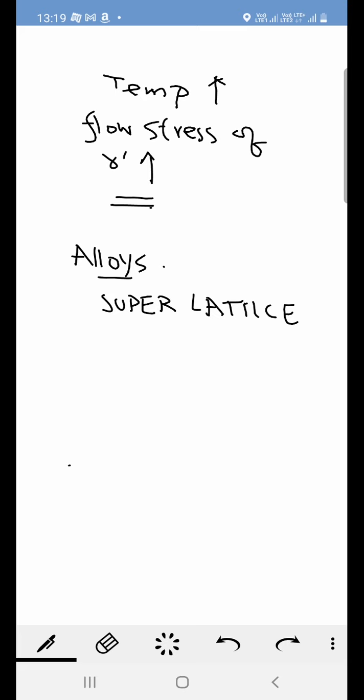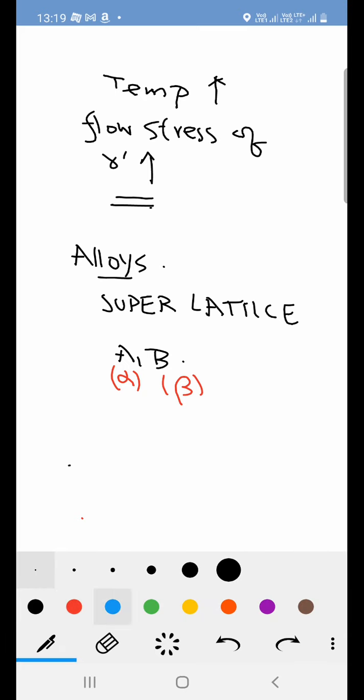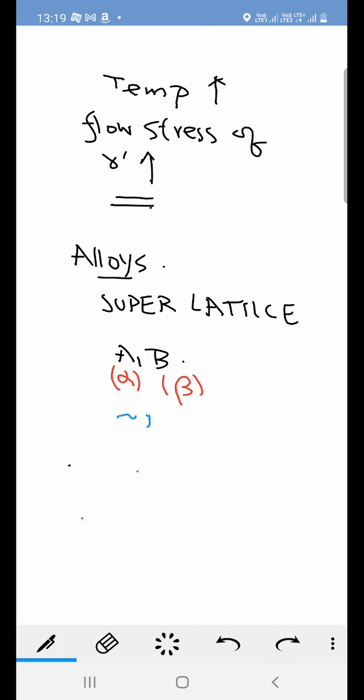Suppose there are A and B atoms in an alloy, and the A atoms are supposed to be at the alpha sites, and the B atoms are supposed to be at the beta sites. So both A and B atoms are at their respective alpha and beta sites. We will say that these are right atoms.